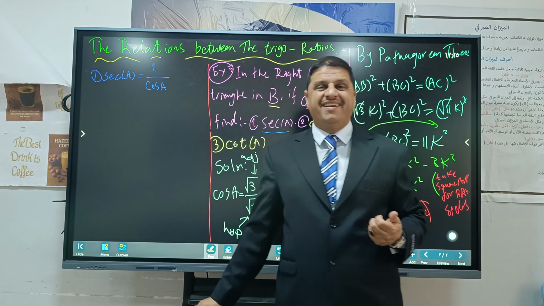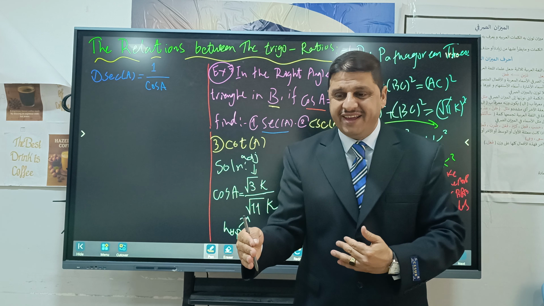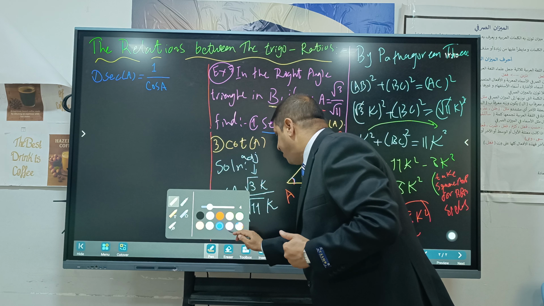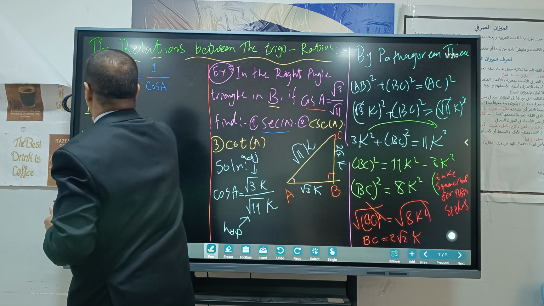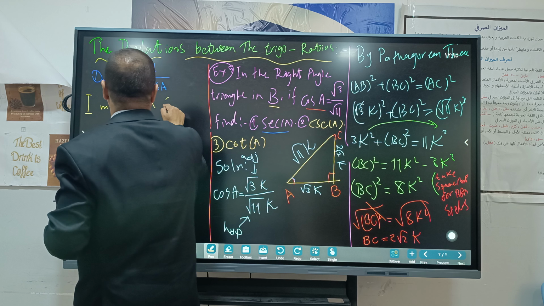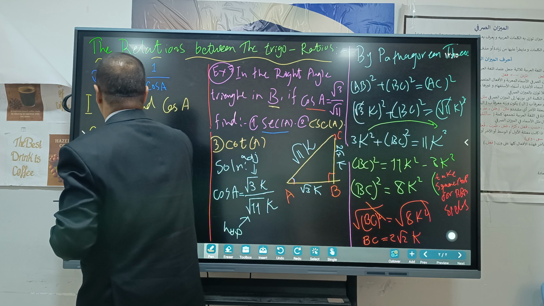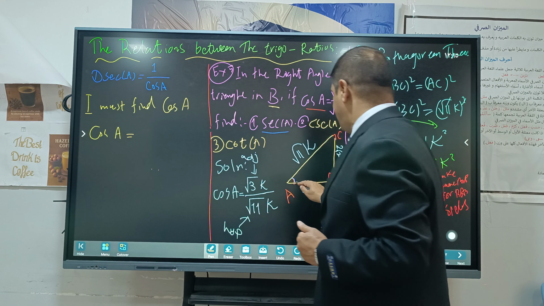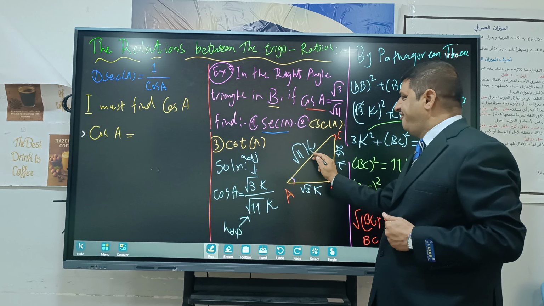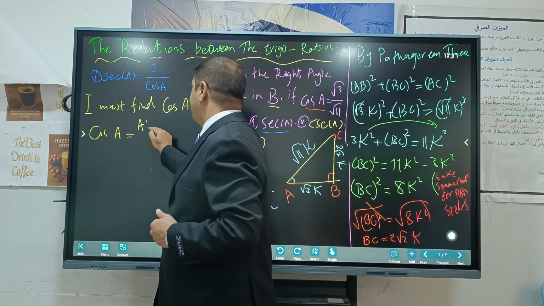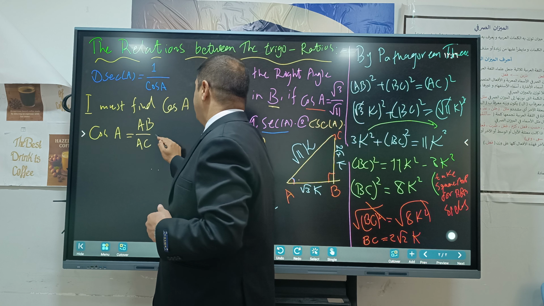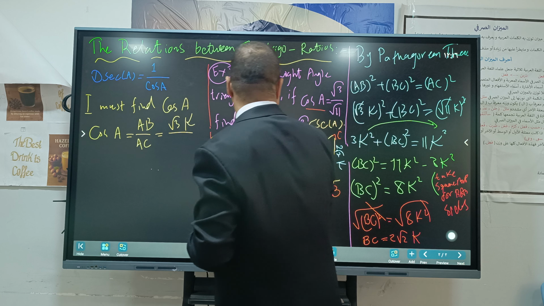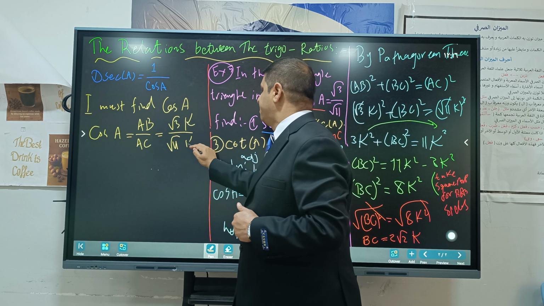I don't have secant of A. Thus, I will look for it in the other corresponding quantity, which is cosine of A. First, I must find cosine of A. Cosine of A equals the adjacent divided by the hypotenuse, AB divided by AC, which equals square root of 3k divided by square root of 11k.